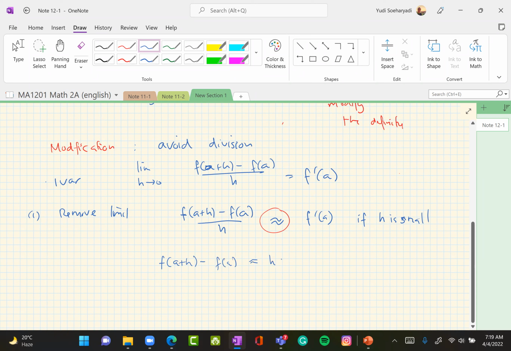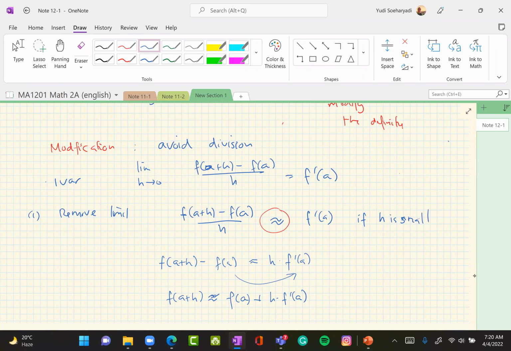Equals h times. And let's move a to the right hand side, so we get something like this: f of a plus h approximately f of a plus h times f prime of a. Let's put the equal sign back.